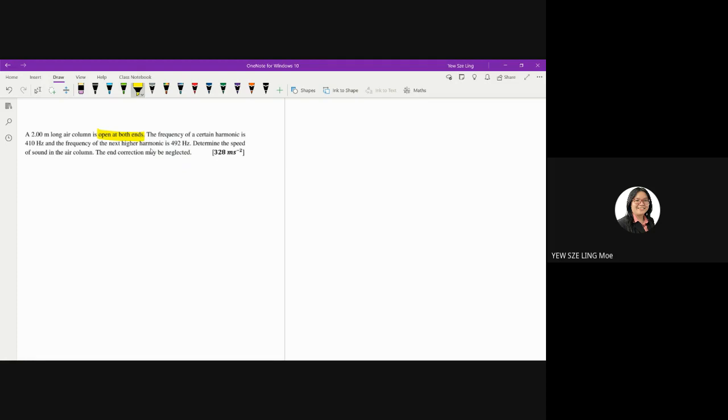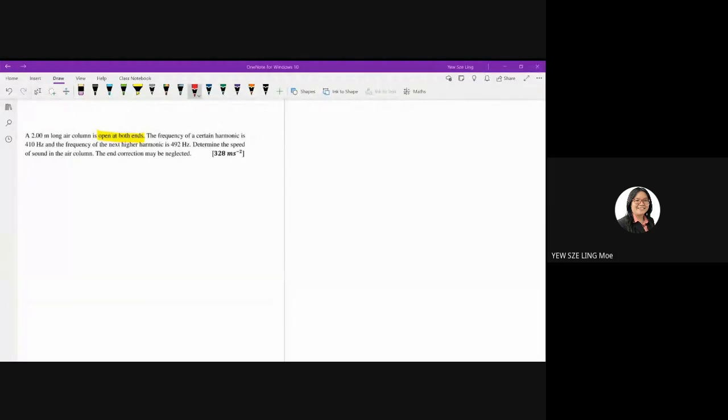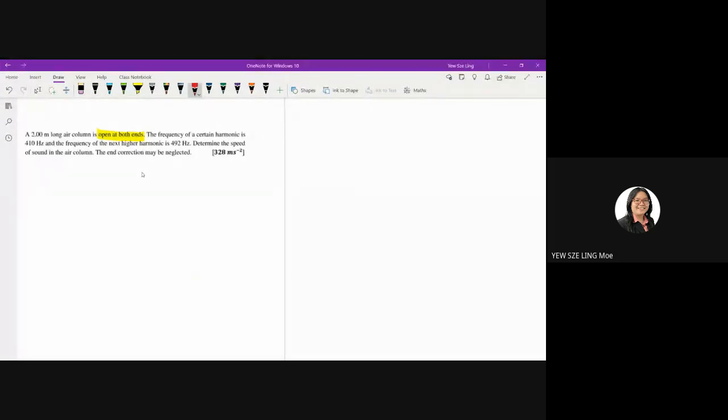This is an open end air column, an open end pipe right now. The frequency of a certain harmonic is 410 hertz, and the frequency of the next higher harmonic is 492 hertz. Determine the speed of sound in the air column. Again, the end corrections may be neglected.